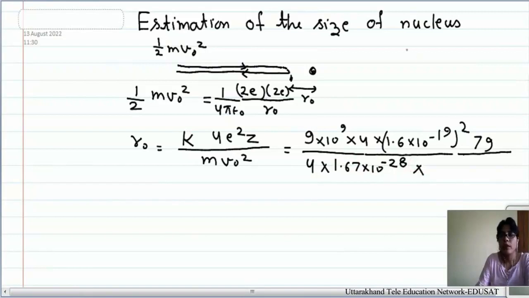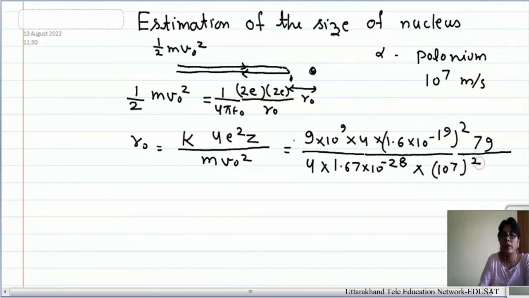If the alpha particle comes from a polonium source, its velocity is 10 to the power 7 meter per second, so I am writing 10 to the power 7 meter per second, square. And if we calculate all these factors, the result is 4 Fermi.